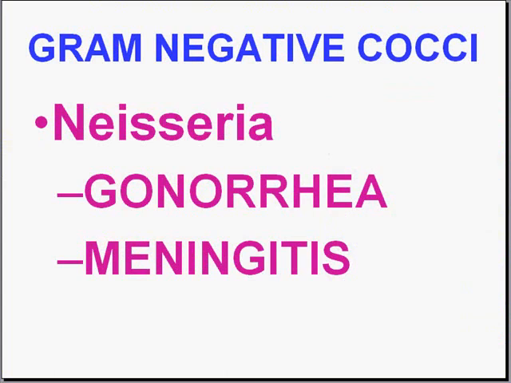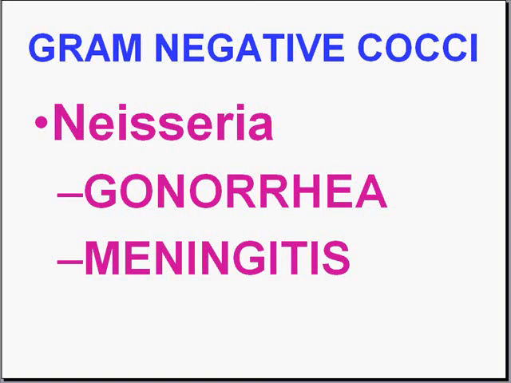Let's talk about the gram-negative cocci now. There's only really one genus, Neisseria. Neisseria gonorrhoeae is the cause of gonorrhea. Neisseria meningitidis is one of the leading causes of an epidemic type of meningitis, a feared type, and it is not the usual childhood type, which is Haemophilus.